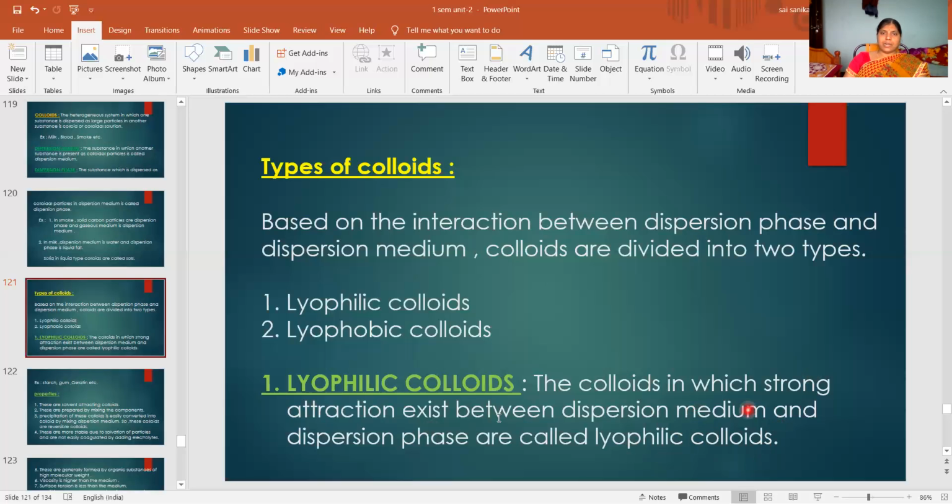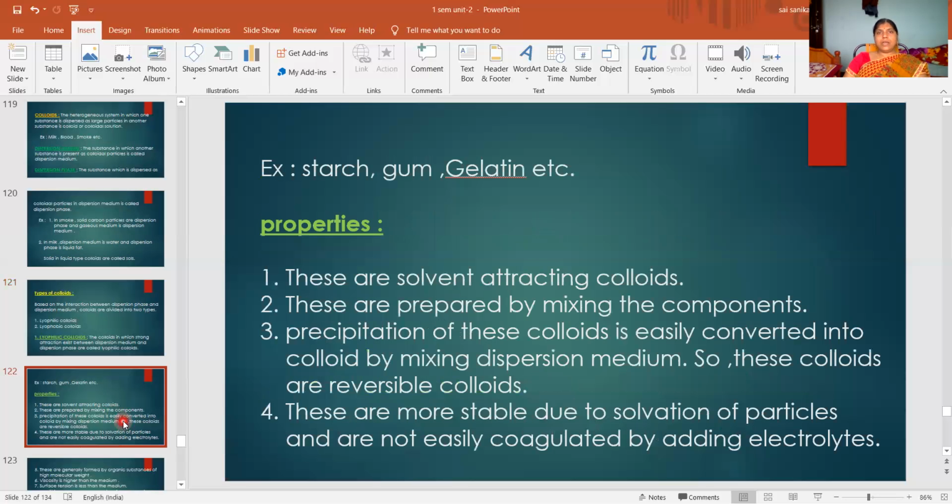So if strong attraction exists between these two phases, that type of colloid is called a lyophilic colloid. Examples of lyophilic colloids: starch, gum, and gelatin.